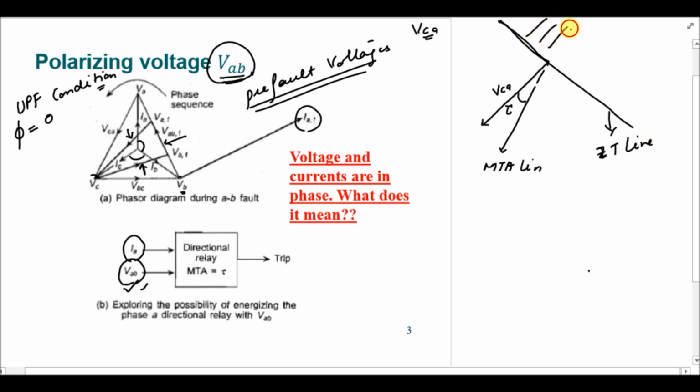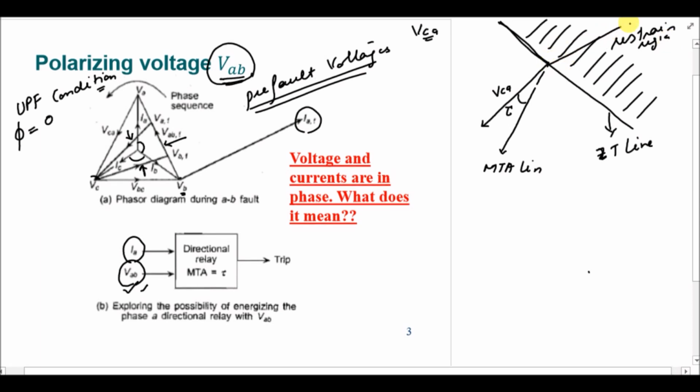This is your restraint region. Now if we draw the fault current, it will be in this direction. This is your IAF. So again VCA cannot be considered as a polarizing quantity.